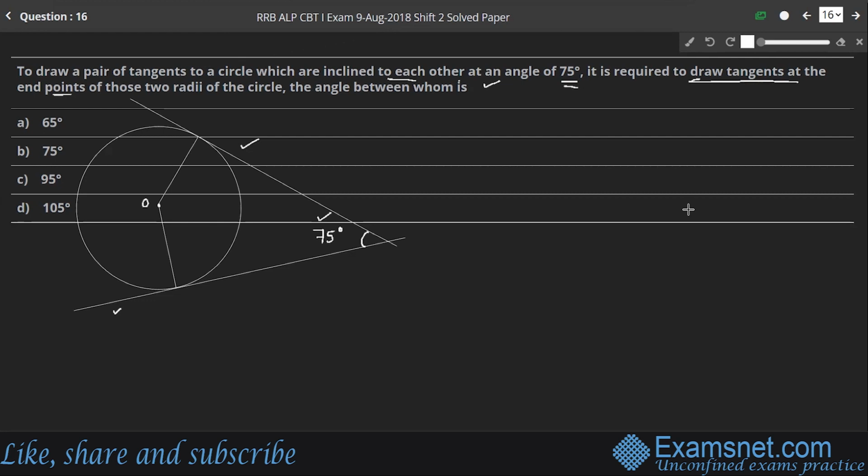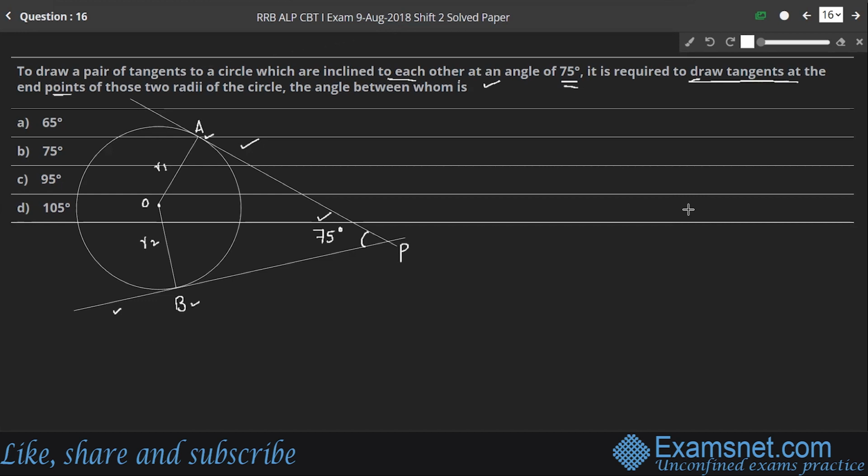So if you consider OA and OB as two radii of the circle, it is required to draw these two tangents. So let it be AP and another tangent be BP. It is required to draw these two tangents at end points of two radii. These radii are OA and OB. R1 and R2 are two radii of the circle, right?